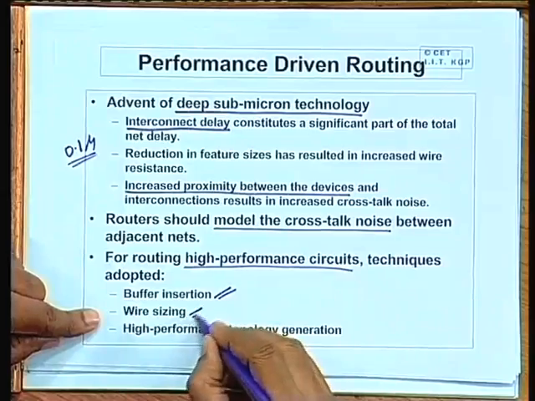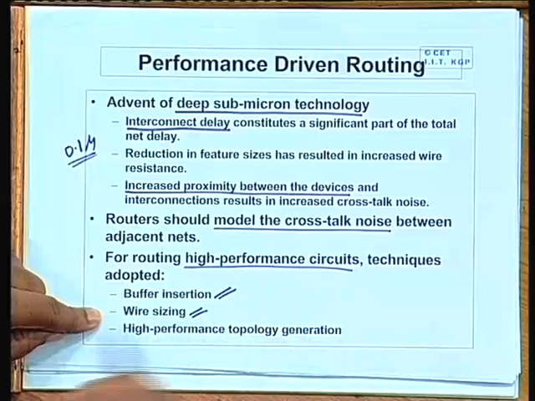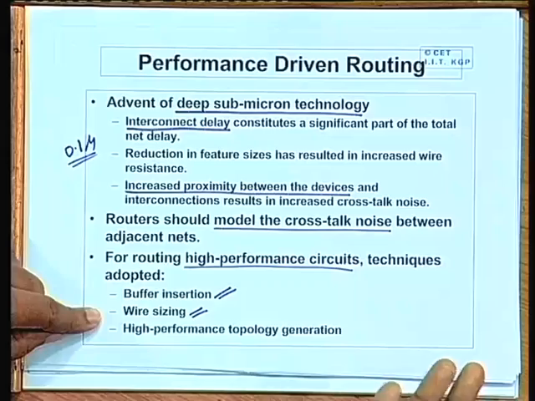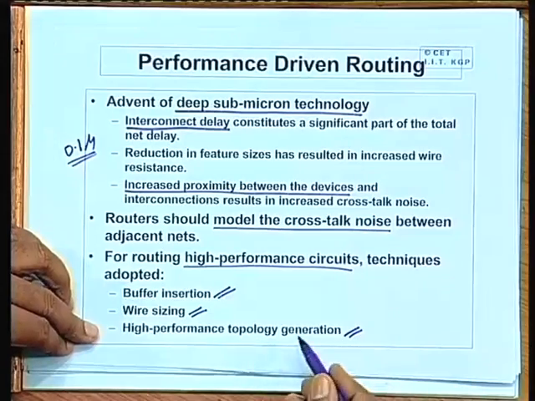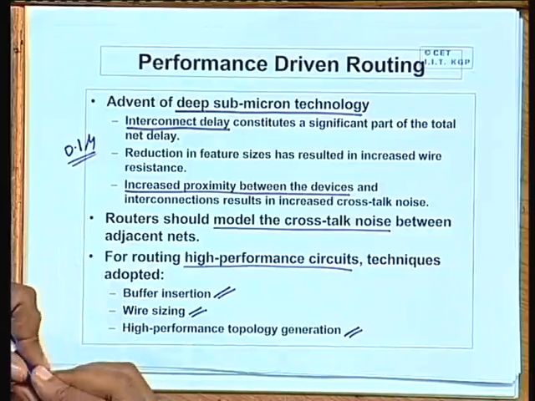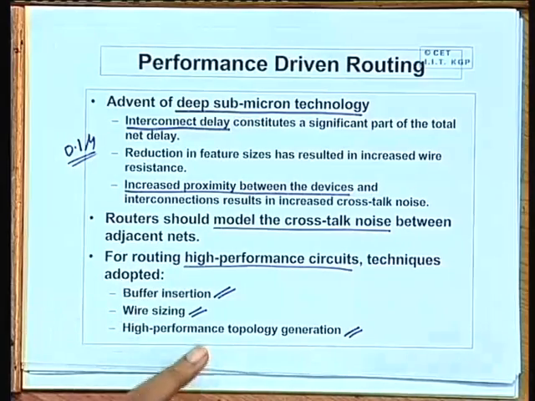Not only that, wire sizing. Some of the wires may be thinner, some of the wires may be thicker, depending on the criticality and other issues. The assumption that all wires are of the same size no longer holds here. And again, high performance topology generation, which is similar to a global routing sub problem. This is more or less an open problem of research.